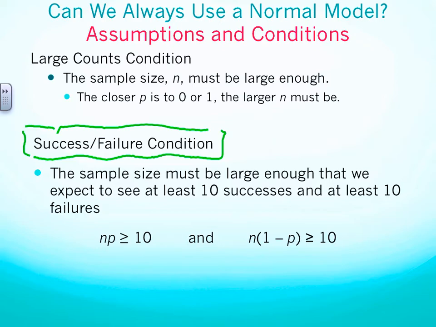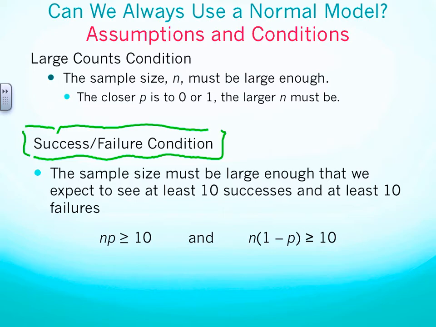The sample size must be large enough that we will expect to see at least 10 successes and at least 10 failures. We checked this when we were dealing with a binomial random variable that showed an approximately normal distribution.